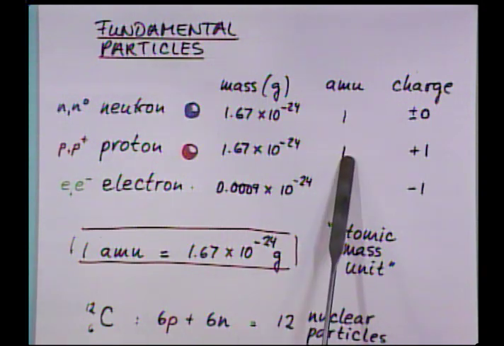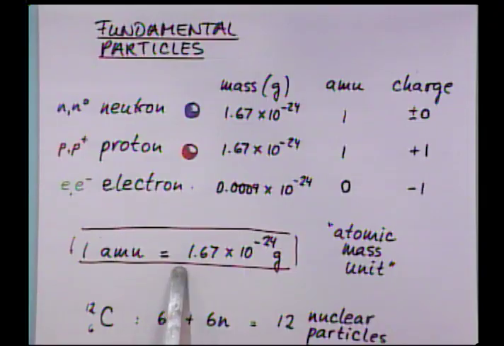So we call this an atomic mass unit. So an atomic mass unit is always 1.67 times 10 to the negative 24 grams. So that's a constant mass. So when we talk about AMU, we mean this mass. So you can substitute one for the other.